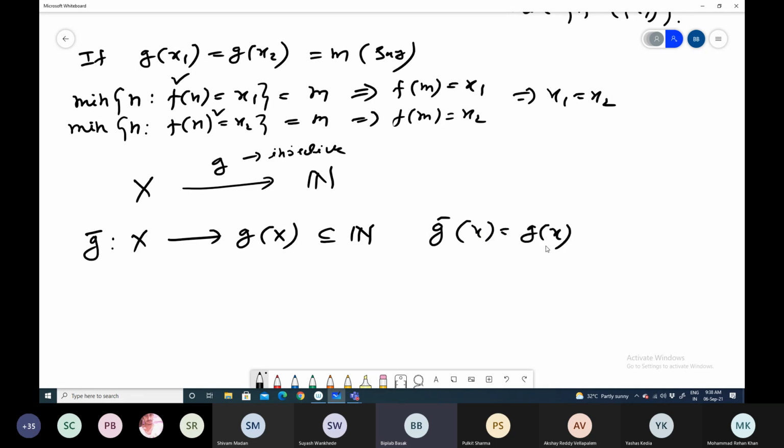This is actually the same map G, we are just restricting the codomain to the range of that function. Therefore G bar from X to G(X) is bijective.